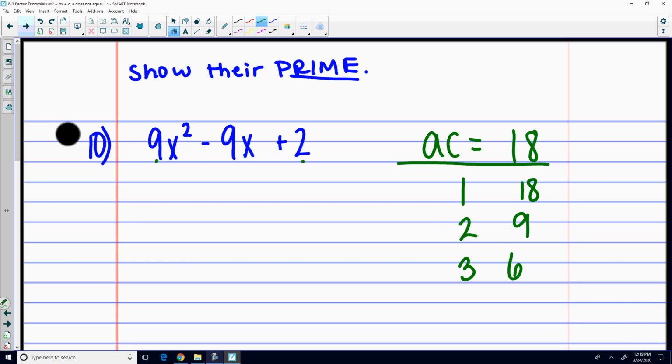How do we make negative 9? The only one that could give me negative 9 is negative 3 and negative 6, right? Or is 3 and 6, excuse me.